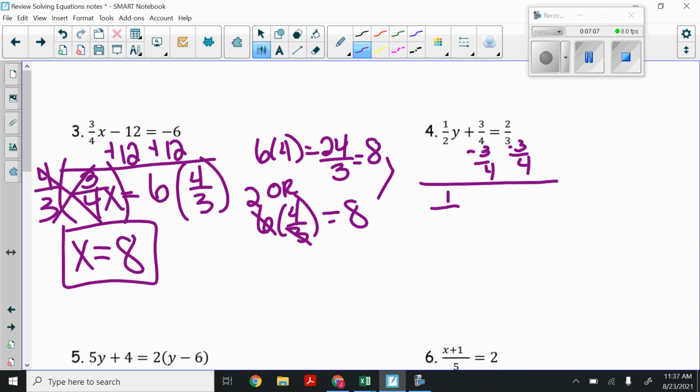So now I have 1/2 y equals, so here I have 2/3 minus 3/4. Remember with fractions, I need a common denominator in order to add or subtract. I have a 3 and a 4, so my common denominator is going to equal 12, 3 times 4. So I need to put this over 12 minus this over 12.